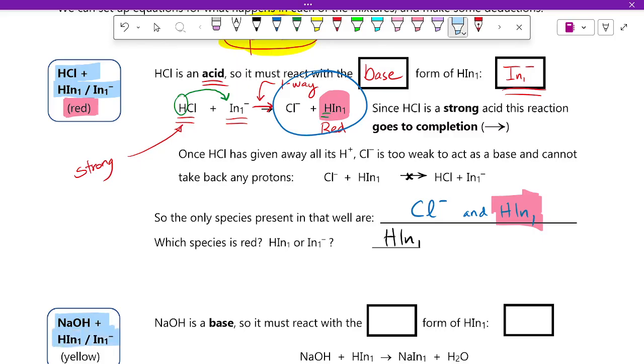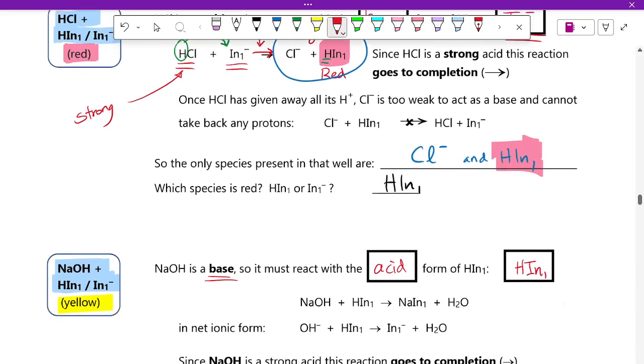If we put NaOH with the indicator, the solution turns yellow. NaOH is a base, therefore it must react with what form of the indicator? The acid or the base? The acid form, which is HIn.